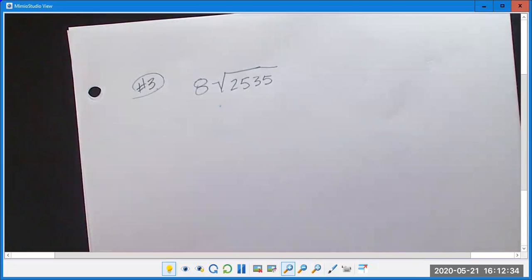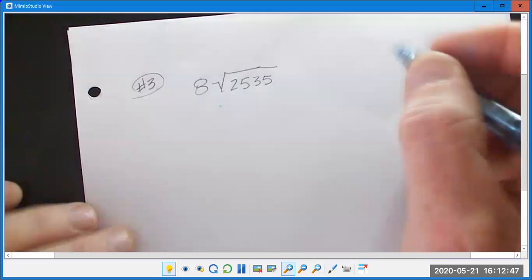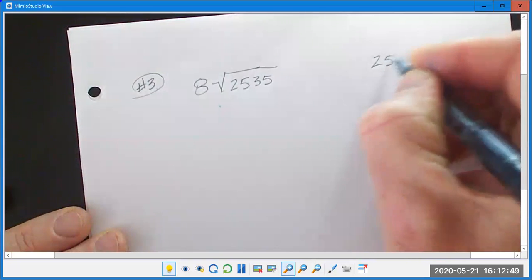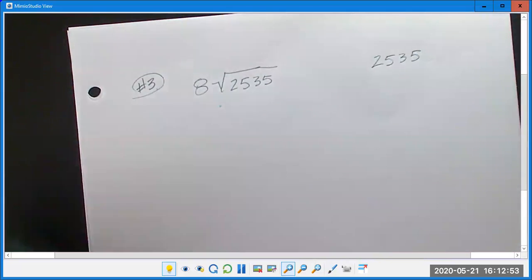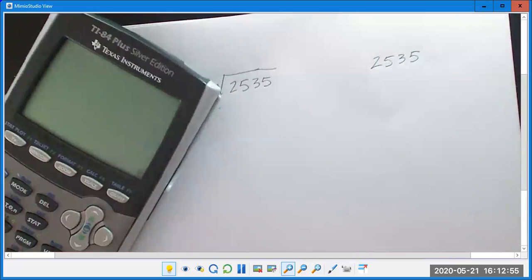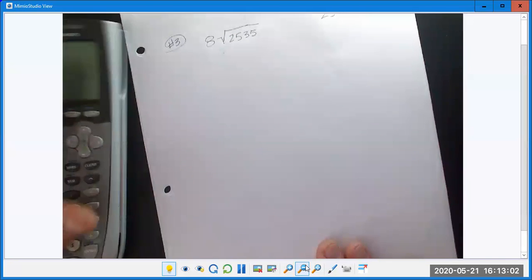When we have a number that ends in a 5, it'll always have a multiple of 5. So again, I'm going to pull this 2535 out to the side. A calculator is probably going to be a handy little tool here. Let me make this a little smaller because I think we're way too close to see the paper.